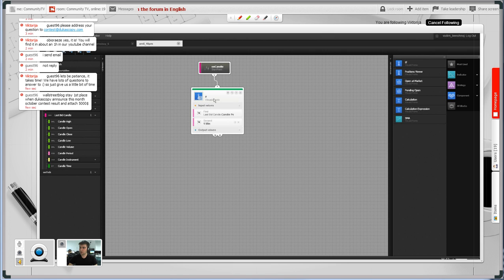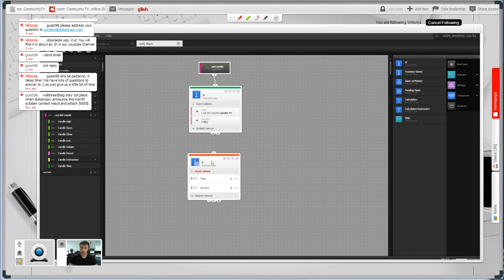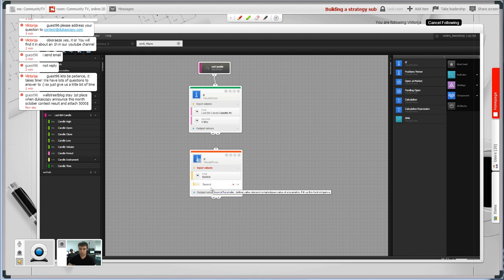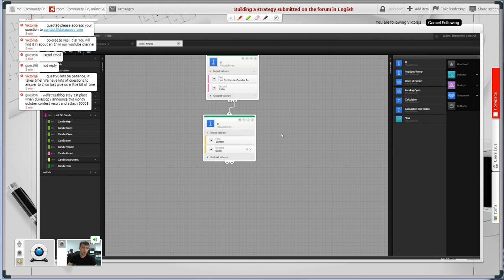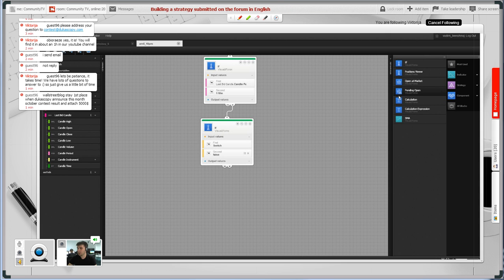And here we check if our variable switch is false, so is the strategy off. If our strategy is off, we check the time of the last closed candle, and it should be 6 a.m. Where is it?